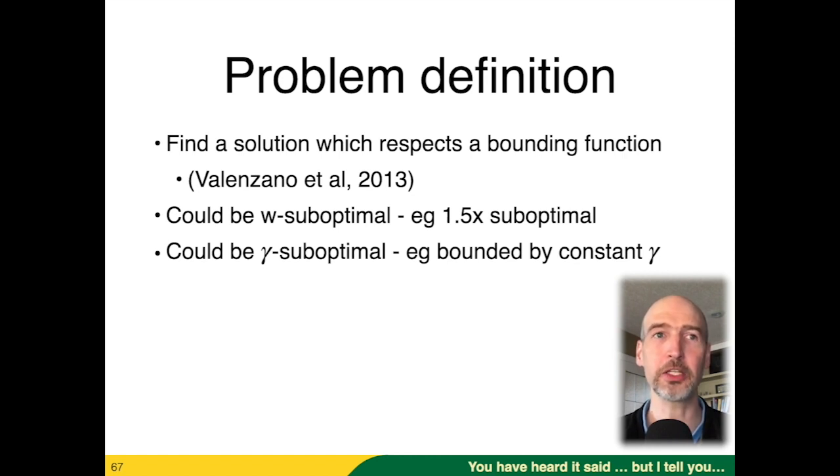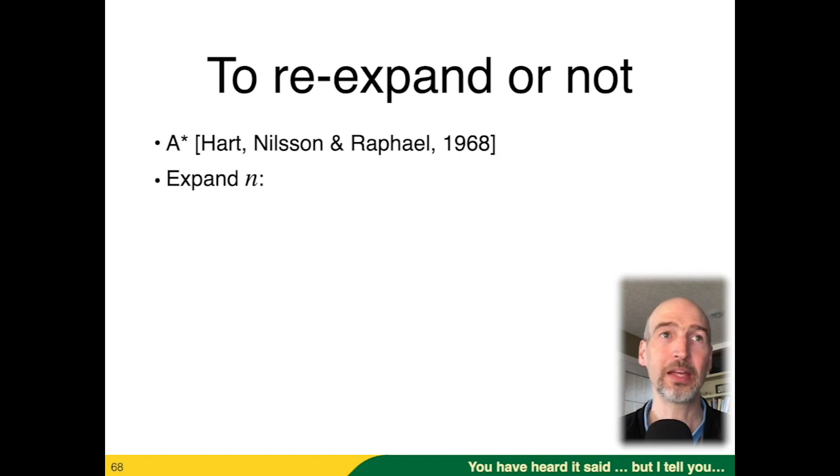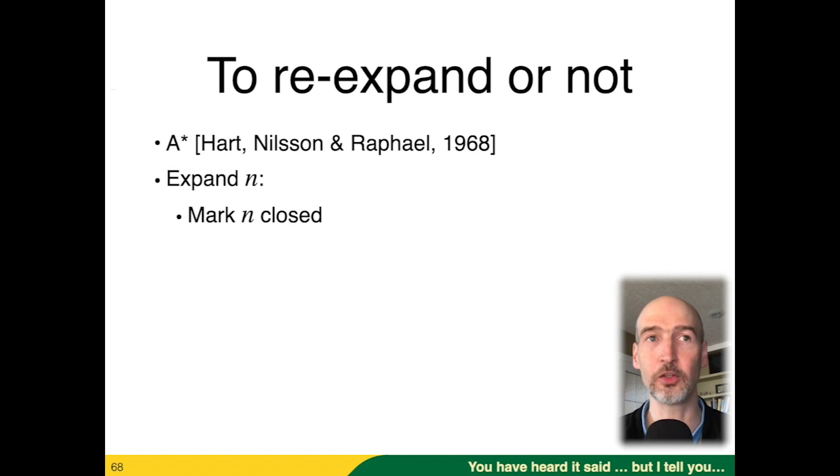If we look at that definition, then we can look at algorithms like A star and ask some questions about them. One question in particular that's interesting: A star is finding optimal solutions, but let's look and actually see, when A star does the expansion of the search space, does it re-expand states if it finds a shorter path to them or not? So A star, the pseudocode here, says the main core loop is we're going to expand n, we're going to mark n as being closed, saying we've already looked at it, we've already expanded it once.